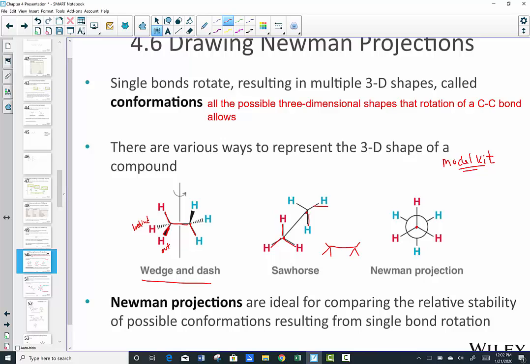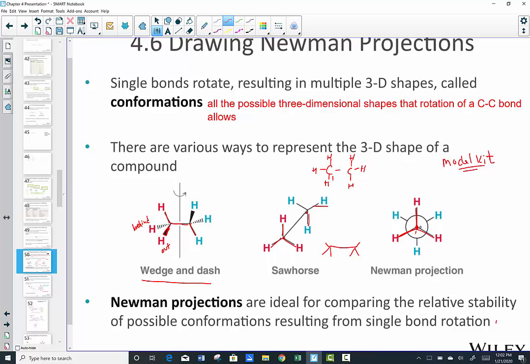When we look at drawing a Newman projection, that represents a carbon, what I just highlighted. If I think about the compound I'm drawing, CH3, CH3, there's a two-carbon structure, and each of those carbons is bonded to three hydrogens. The first carbon is represented by a single line, and all three of those bonds are shown leading to hydrogen.